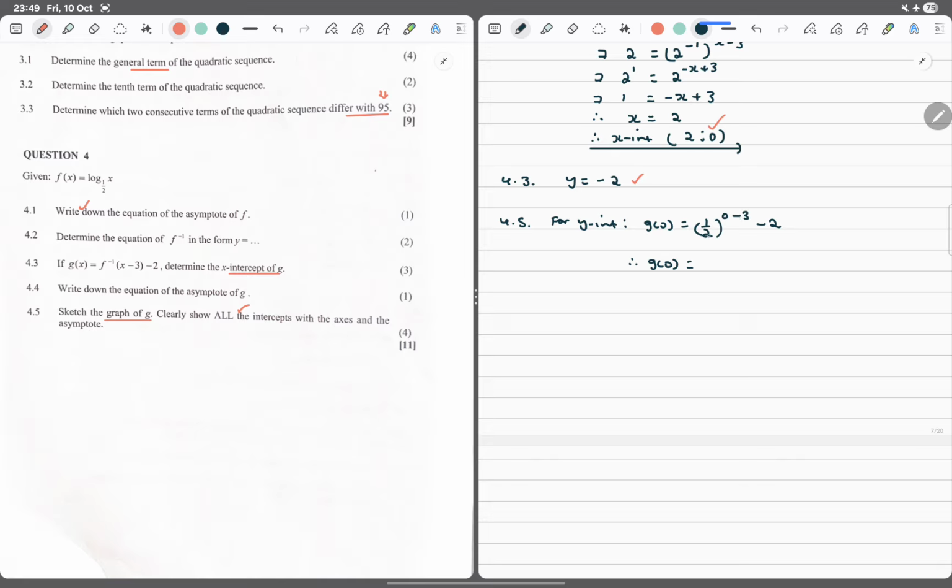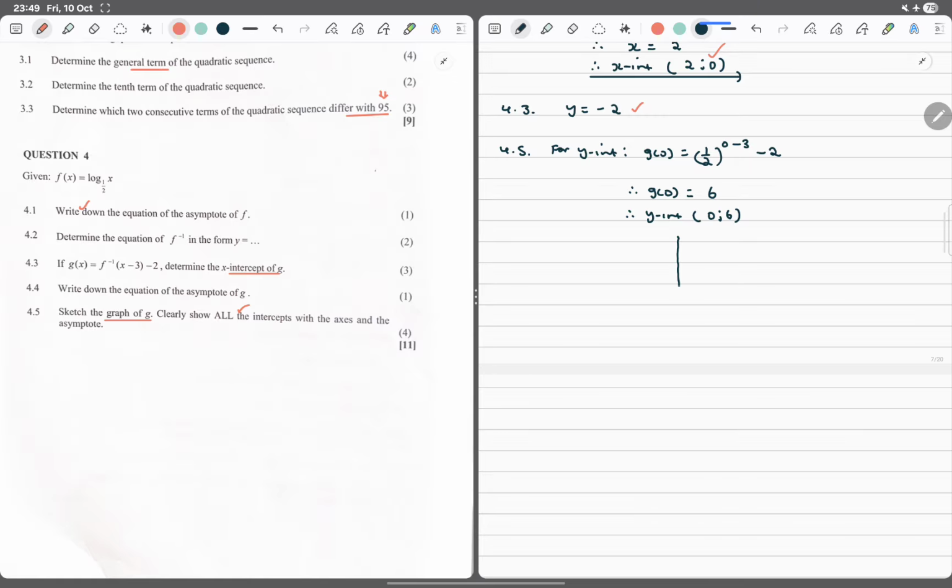That gives us 8. Essentially, 8 minus 2 is 6. Good. Very important. So we can say, therefore, the y-intercept is 0 and 6. Okay. If that's the case, we can draw our graph now.